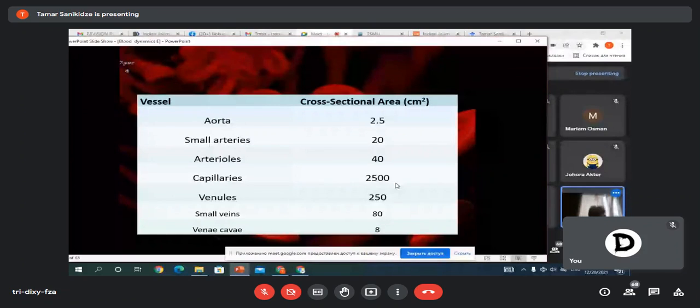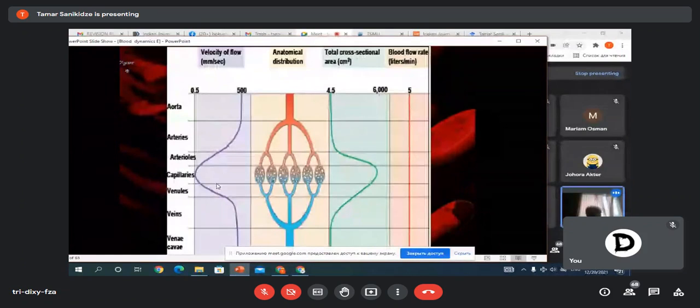Aorta. Speed will be more in the aorta, with the lower cross-sectional area, and less in the capillaries with the larger cross-sectional area. Yes, you can see this. Due to the low speed in the capillary network, there is time for the diffusion and exchange of gases and nutrients in the capillary network.